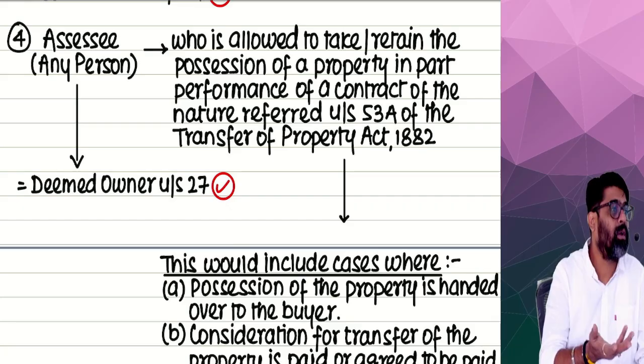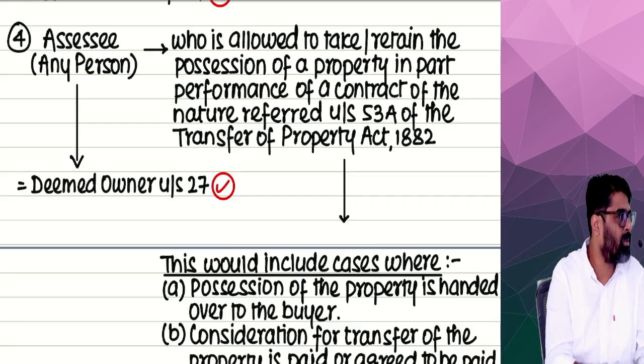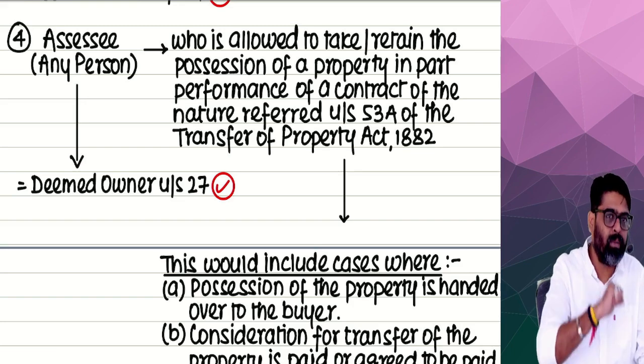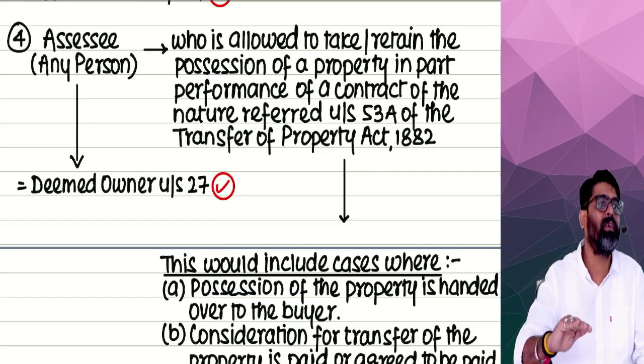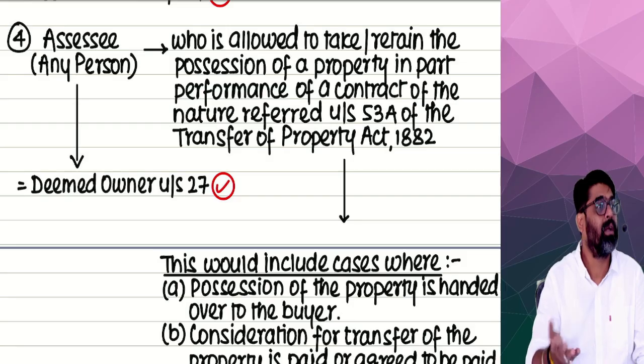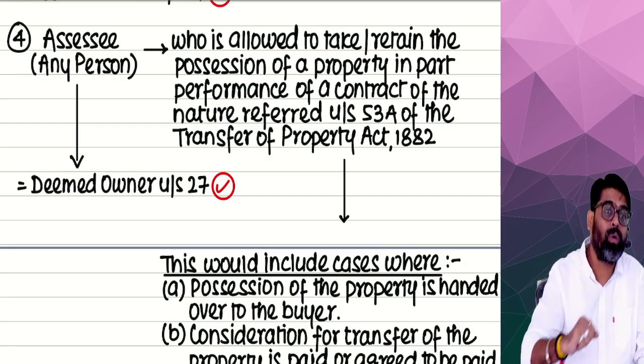And the moment you have taken the possession of the property, as an owner you are enjoying the property. The property is in your complete control. You are taking all the decisions about the property. So just because the legal ownership is not transferred and registration is not done in your name, that does not mean that you are not the owner of the property.